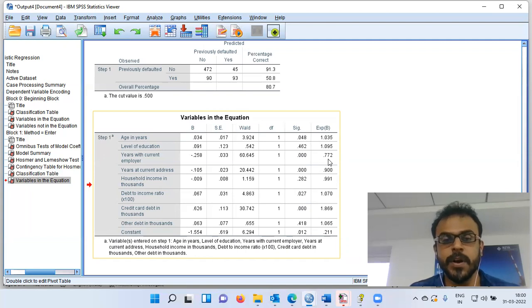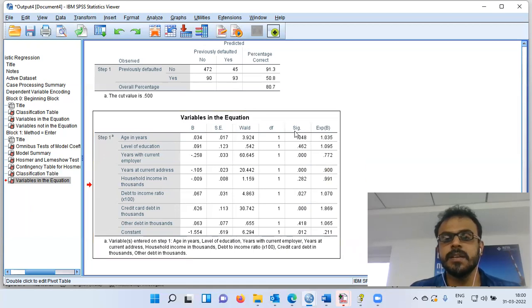I would like to repeat this point again. So this is how we can interpret the odds ratio value.